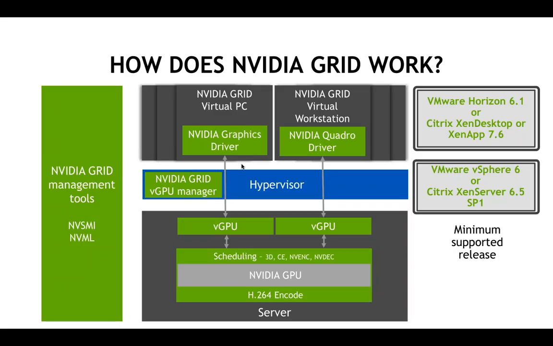These management tools, NVIDIA SMI, NVML, are different components that allow for monitoring and provide feedback into your environment of what's going on. You're going to see that ramp, and that crosses the entire stack, not just at the server level or the hypervisor level or the card level, but all the way into the virtual machine.